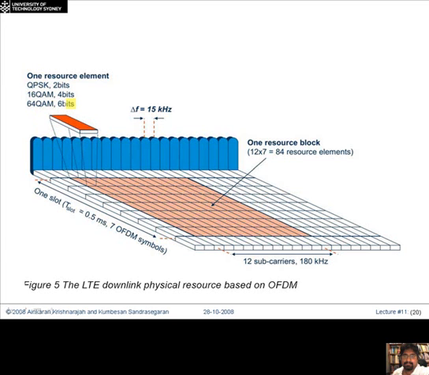So essentially, you're transmitting one symbol, and in each one of these modulation schemes, there is a mapping between one symbol and bits. Okay, so in QPSK, one symbol corresponds to 2 bits. In 16 QAM, one 16 QAM symbol corresponds to 4 bits, and so forth.